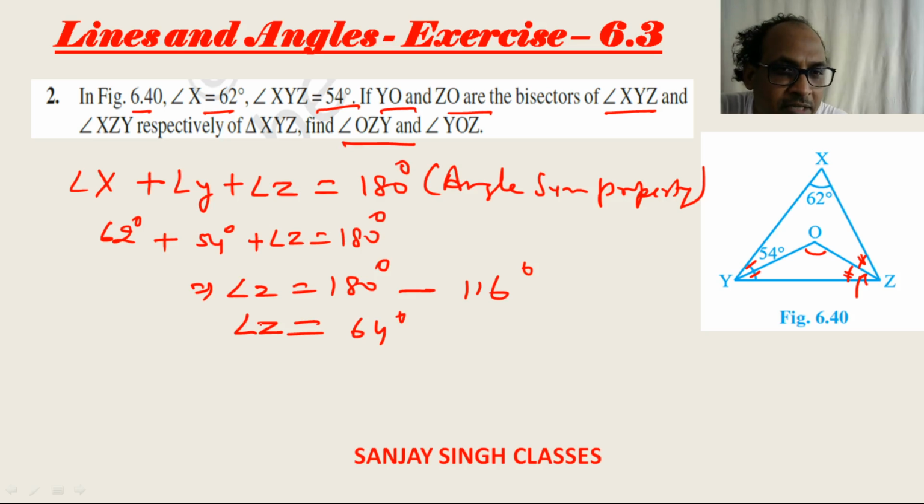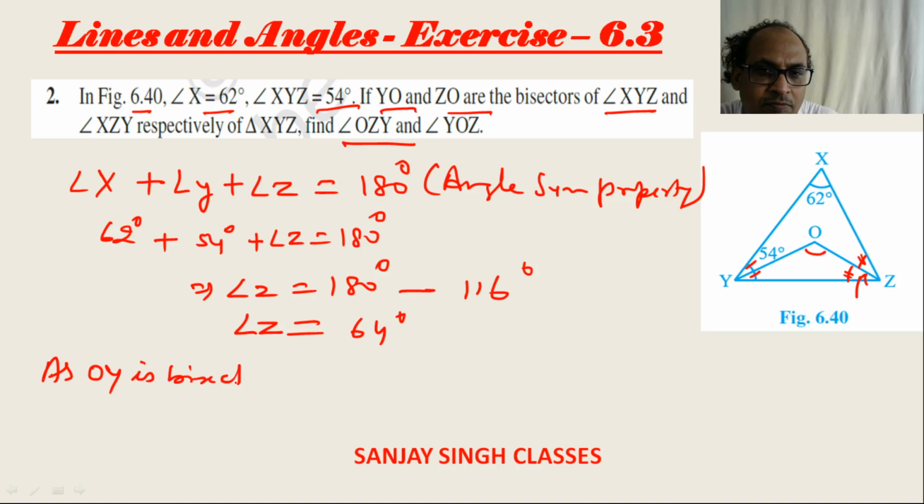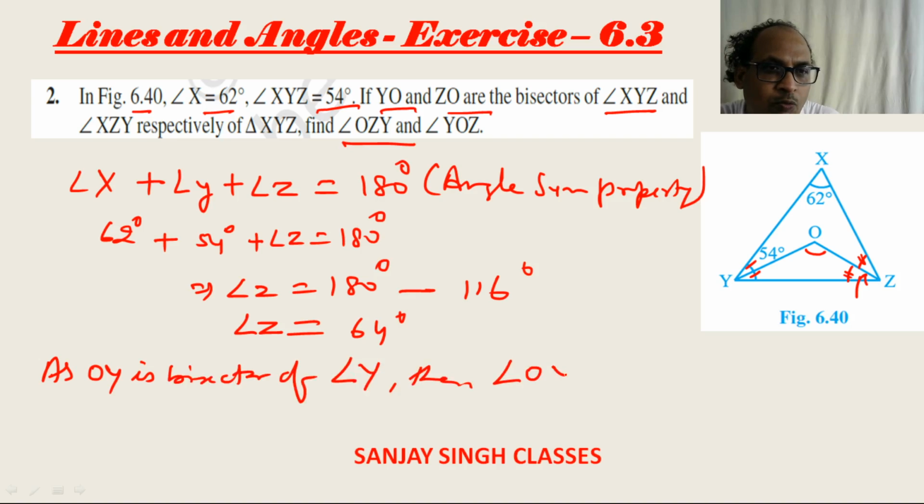Now, as OY is the bisector of angle Y, angle OYZ is equal to half of 54 degree. So 54 degree divided by 2 will become 27 degree.